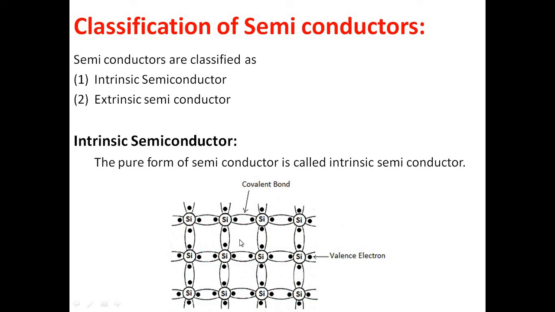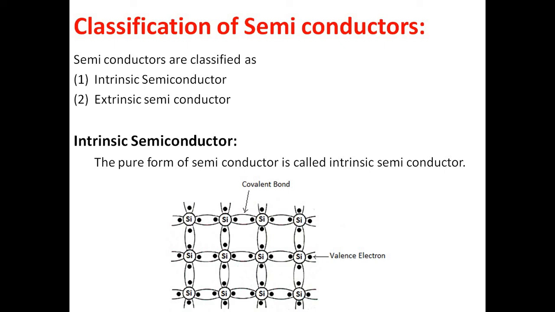Now it becomes free instead of staying in the covalent bond structure, and it creates a vacant space here. The vacant spaces are called holes. Once the valence electron comes out from the covalent bond, it is named a free electron.